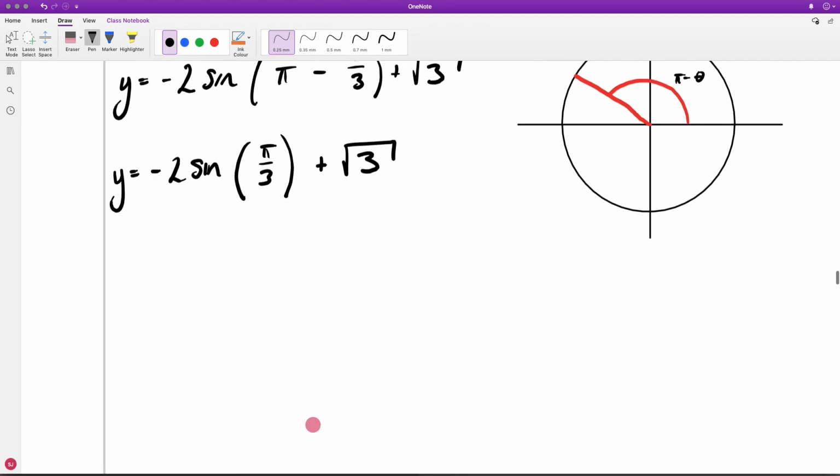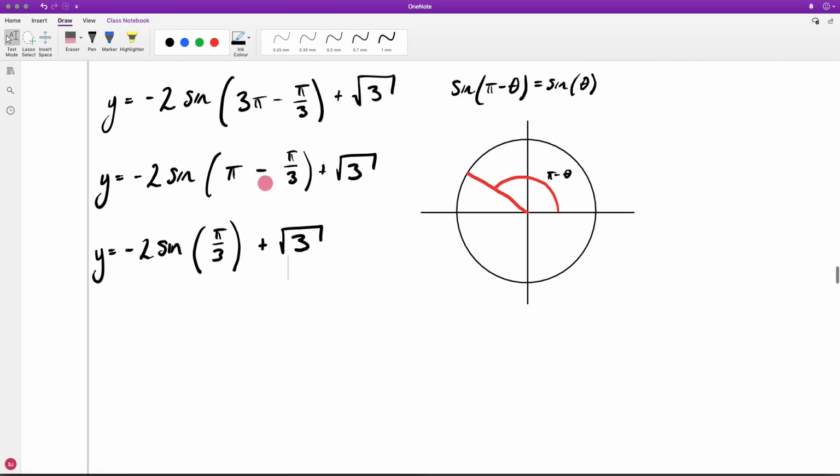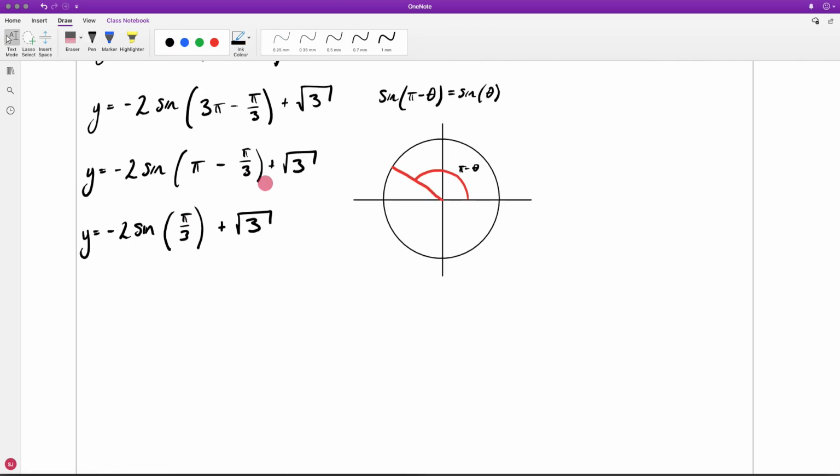Next, let's continue. So I'm going to need to figure out what sine of pi over 3 is. How am I going to do that? Well, I could draw myself a special triangle. So hopefully you've just memorized the unit circle. I think that's really helpful if you memorize it, but if you haven't, utilize your special triangle.